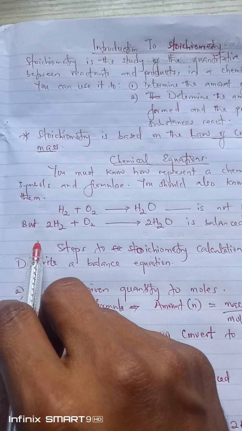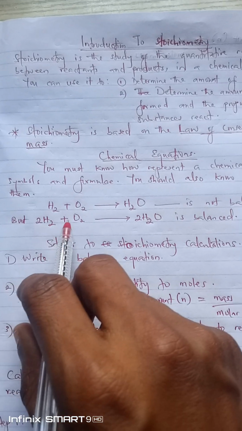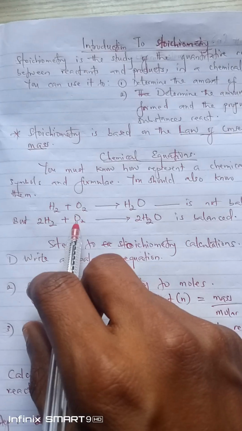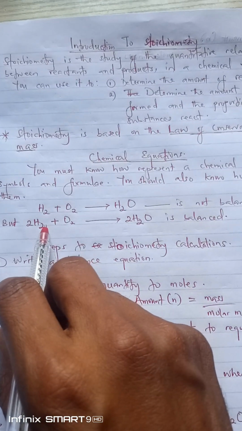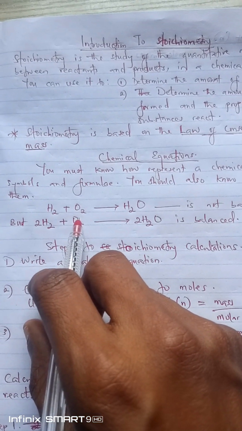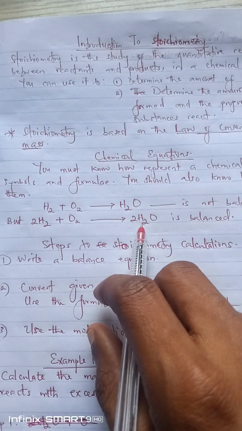So in order to balance it, we say 2 moles of hydrogen plus 1 mole of oxygen, meaning we have 4 atoms of hydrogen and 2 atoms of oxygen. How did we get the 4? 2 times 2, 4. 4 atoms of hydrogen and 2 atoms of oxygen will now give us 2 moles of water, containing 2 times 2, 4 hydrogen.